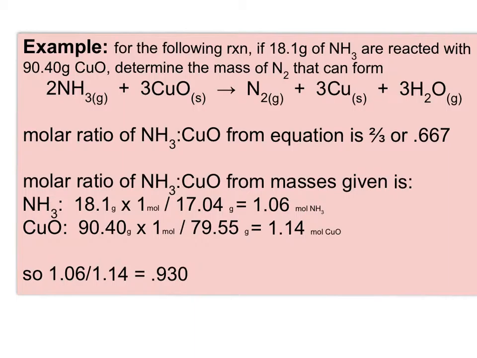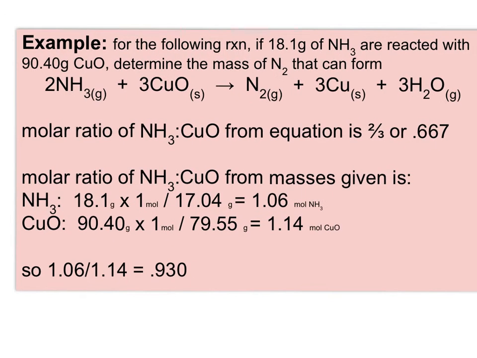Now, if we take a look at the book's preferred method, I believe, they compare two ratios. It's the ratios of the reactants. So it really doesn't matter if you put NH3 over CuO or vice versa. You just have to do it the same way both times. So you're going to compare the ratio that the formula gives you, which is 2 over 3, or 0.667, and then you're going to compare it with the ratio you get from the molar amounts given.